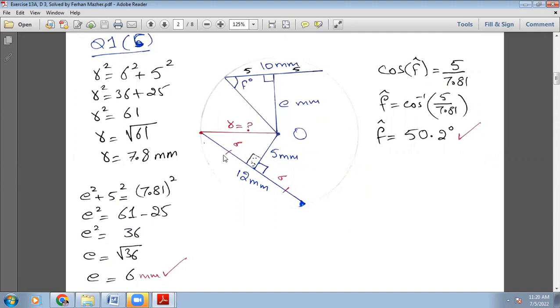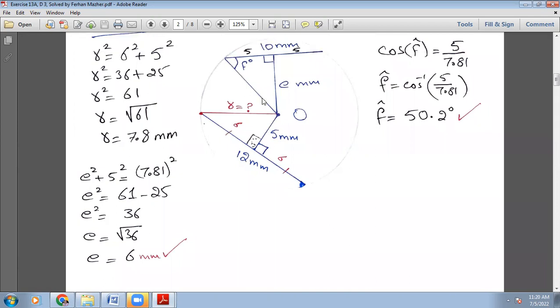Then I want to find out this angle. So I know this value, that's 6. I know this value, it is 5. And then I will try to find out this angle. So cos of F is equal to 5 by 7.81. So F will be equal to cos inverse bracket 5 by 7.81 bracket close.